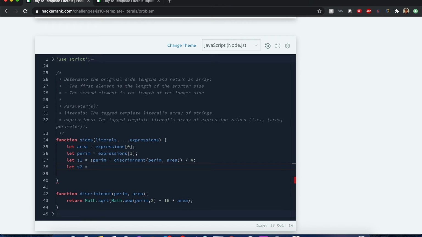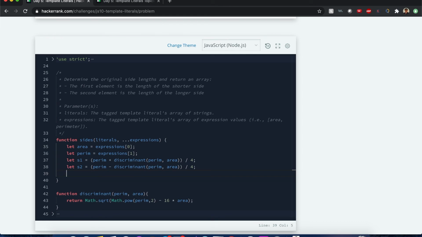S2 is going to equal, in this case, almost the same. Now you can see why I created this. This is what you call a helper method, because it helps the other method do some calculations or calculate a certain behavior. In this case, to help me find the sides. And instead of plus, it's going to be a minus.